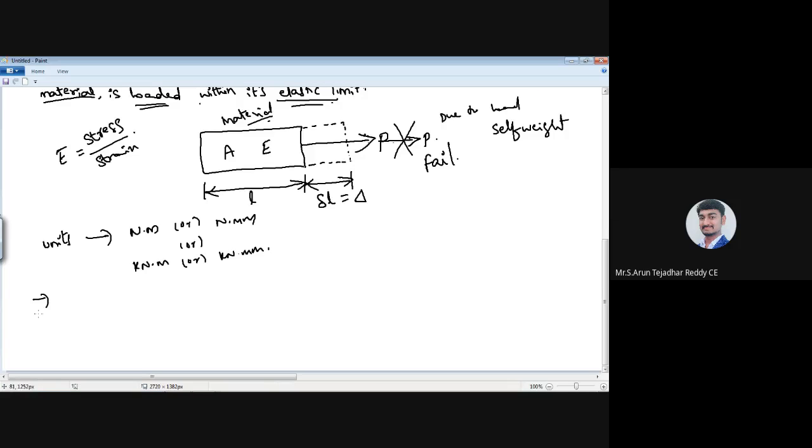Next, here strain energy depends upon applied loads. What are the applied loads here? Totally 3 applied loads are there.